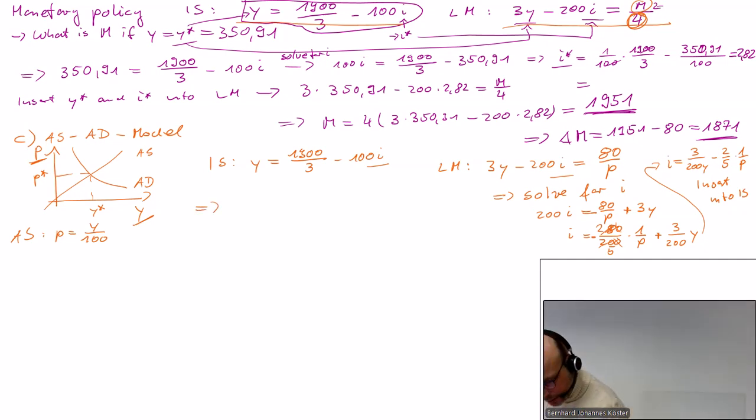So then we have y equals over 3 minus 100.